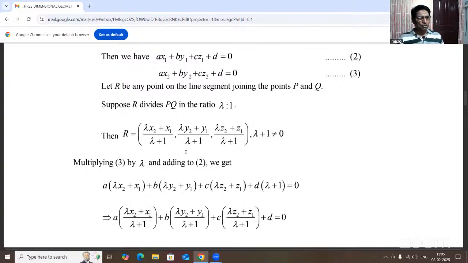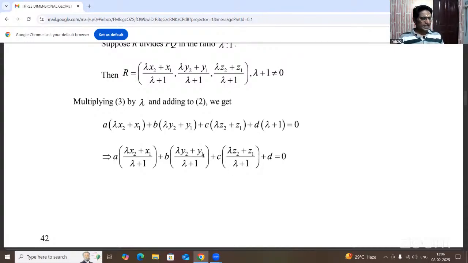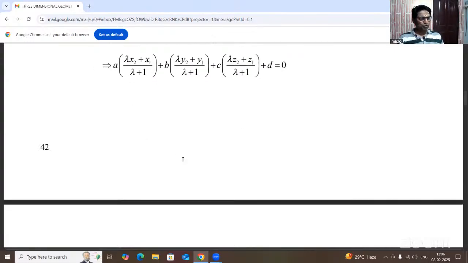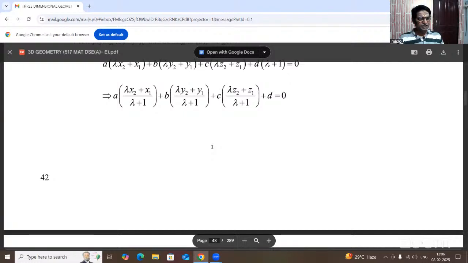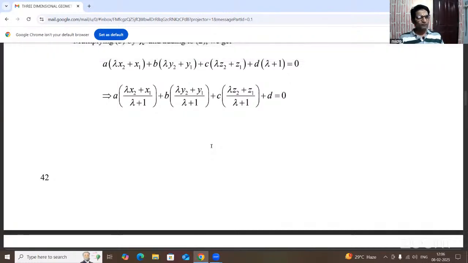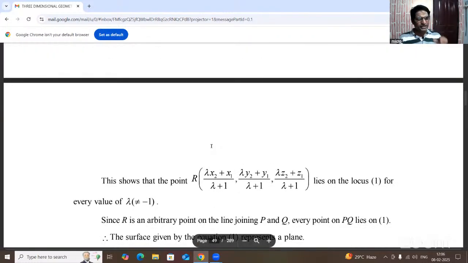After taking the LCM, the constant becomes d of (lambda plus 1) equal to 0. So finally we get a of (lambda x2 plus x1) by (lambda plus 1), b of (lambda y2 plus y1) by (lambda plus 1), c of (lambda z2 plus z1) by (lambda plus 1), plus d equal to 0. This point x, y, z lies on the locus of the first equation, the general equation of the plane, for every value of lambda.